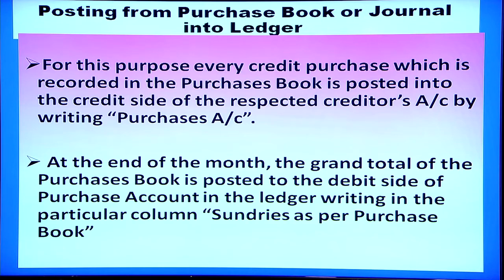What we will write there? By purchases account. At the end of the month, the grand total of the purchases book is posted to the debit side of the purchases account in the ledger, writing in the particulars column sundries as per purchases book.